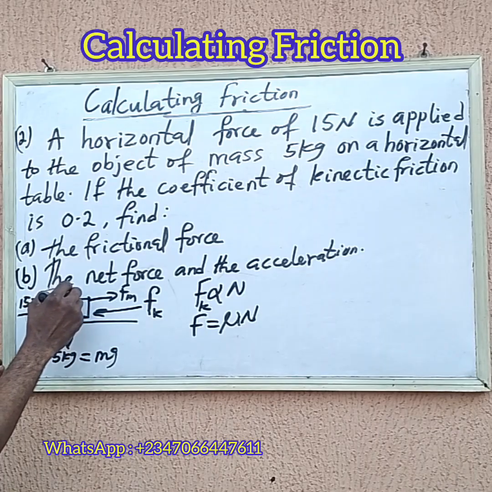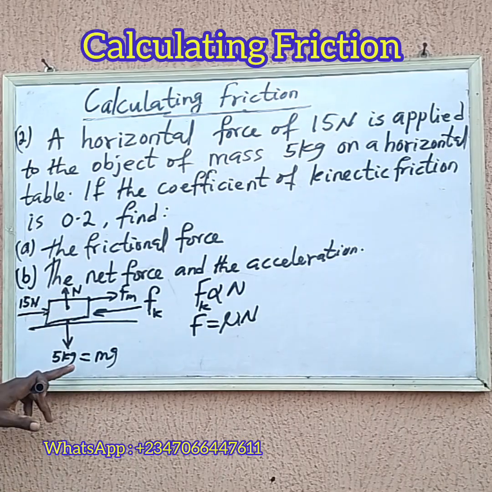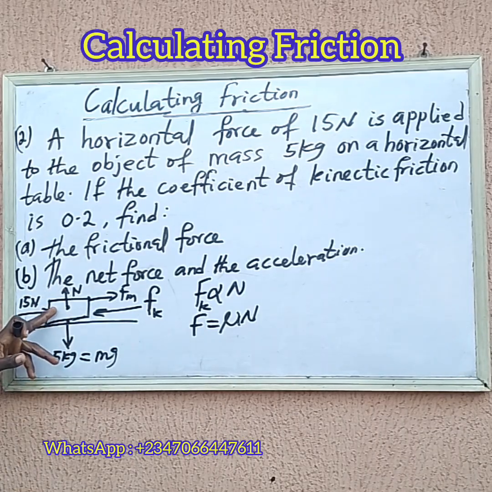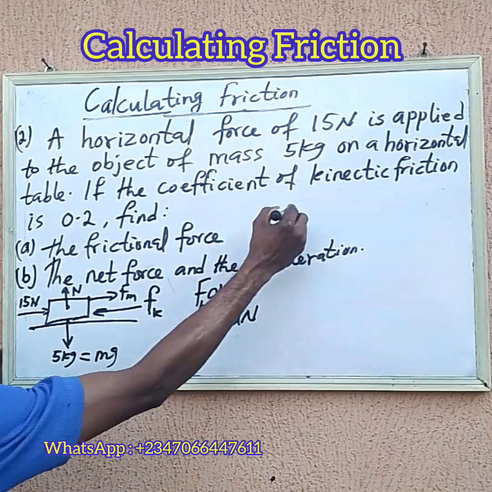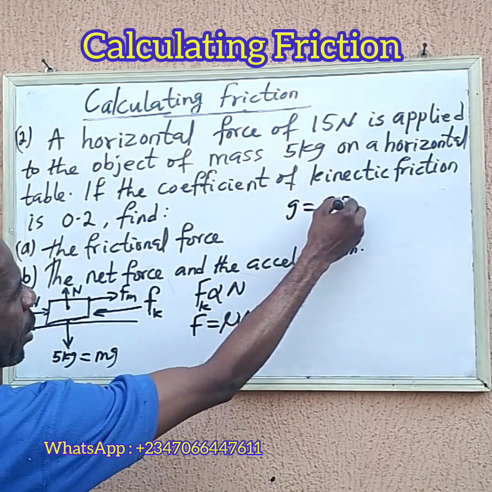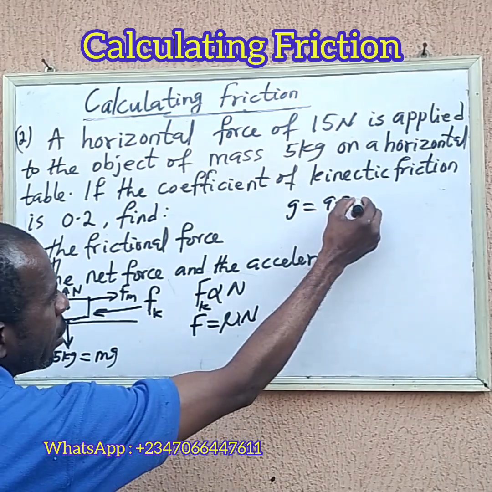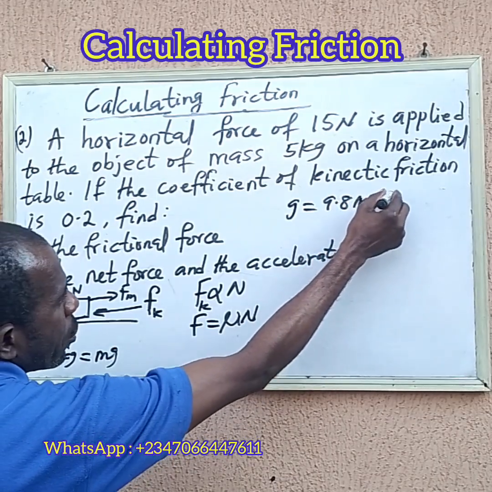It acts upward and is equal to the weight of the body, which is mg. So we multiply the mass by the acceleration due to gravity. Remember, g is 9.8, though sometimes you may use 10 meters per second squared.